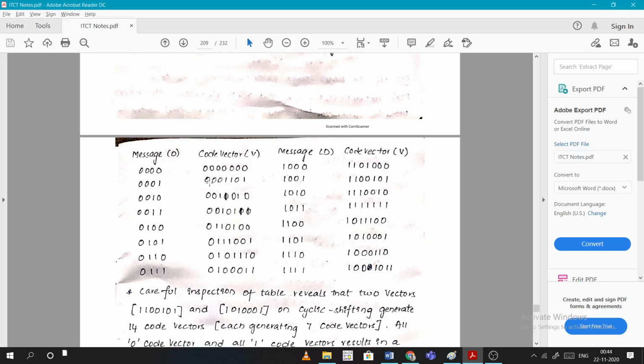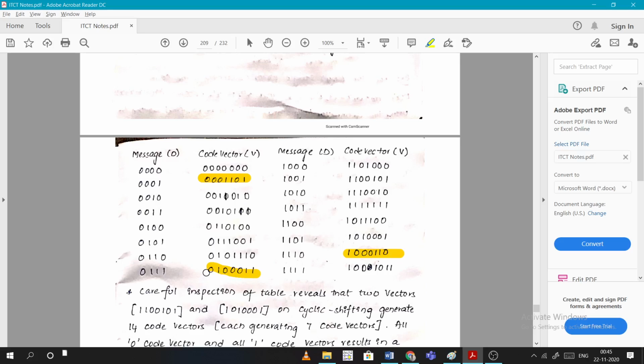How to find? Here we got 0001101. Here I will shift it by 1 bit towards right. When you cyclically rotate, this last 1 will come at the front, and the rest will be moved to that side. So basically 1 and 3 zeros, and we can see that it is there. Now if I rotate one more time, 0 will come, 0 1 3 zeros, and here it is there.